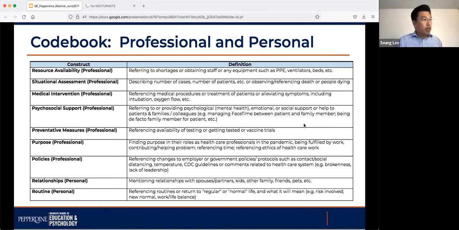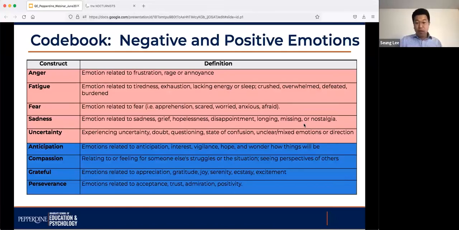So we had one code book focusing on the professional and personal, looking at things like resource availability, situational assessment, whether they sometimes were talking about policies, etc. And we had a whole different code book looking at the emotions that they were expressing.